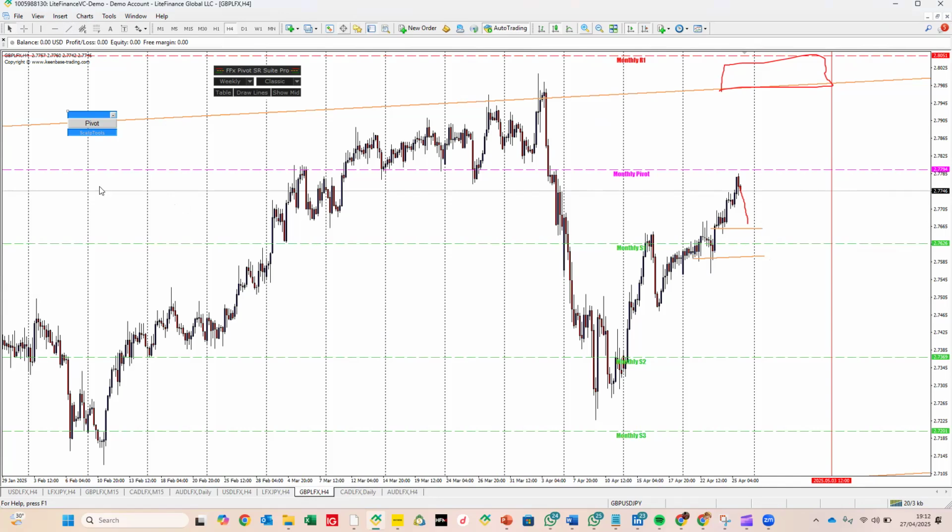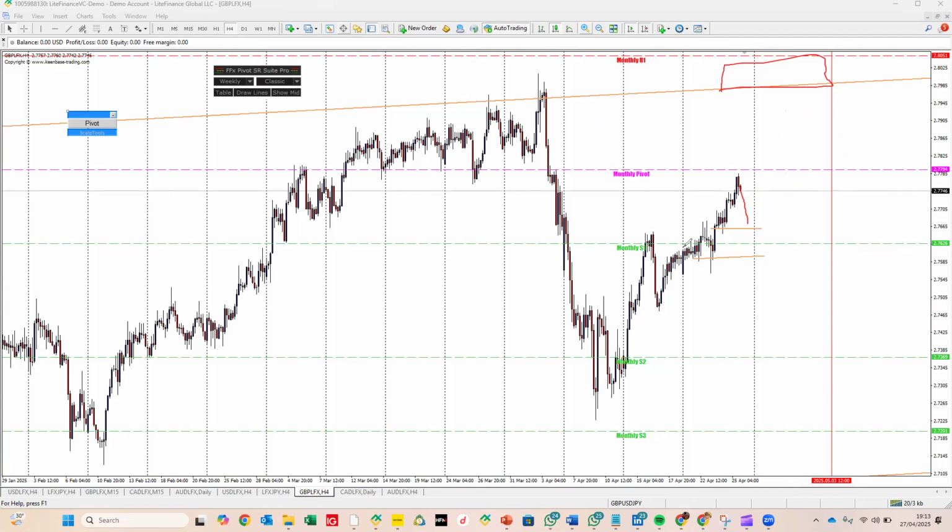So in which case, this is what we should be expecting, that price makes some kind of retracement and then goes up, or price makes a deep correction and then goes up. Now the up movement is not just going to be a straight line. It's also going to be making some corrections before it gets there.